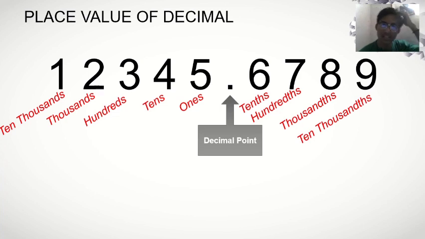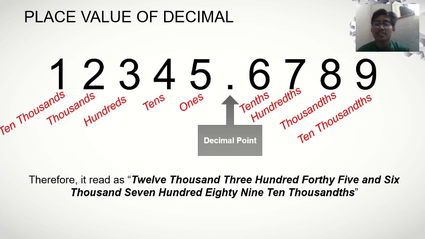Alright. Bakit walang ones? Kasi we have already ones here. Diba? Para sa integer, bakit walang negative 0? Kasi 0 is not positive, neither negative. Diba? Katulad lang din dito.